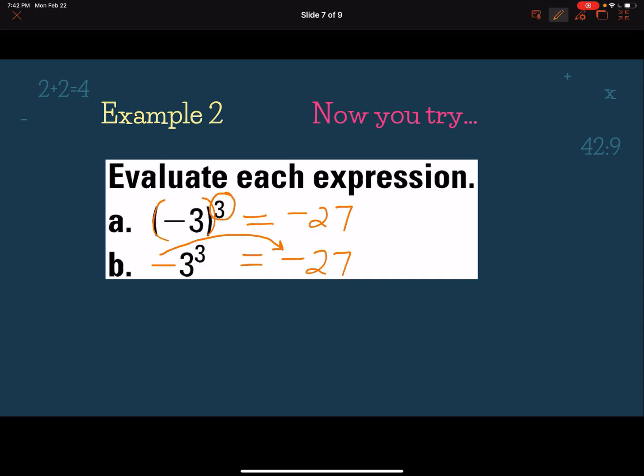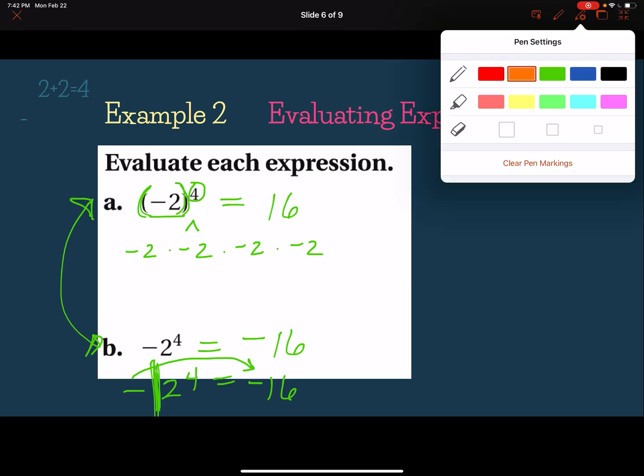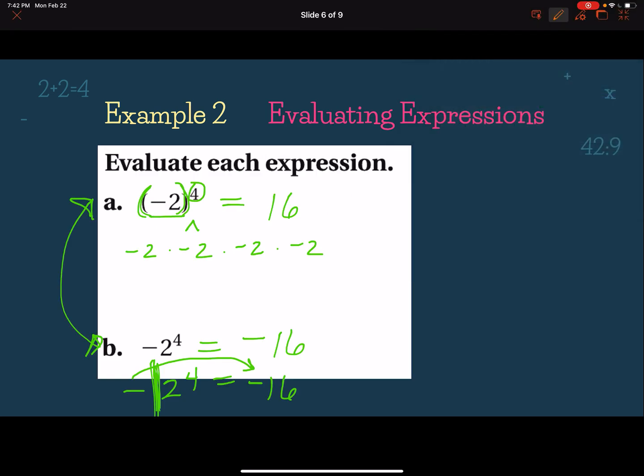Now, what can you tell about this? In this previous example, where you had a positive exponent, let's think about that for a second. We had the negative inside the parentheses. Our exponent was an even number, and we ended up with a positive.